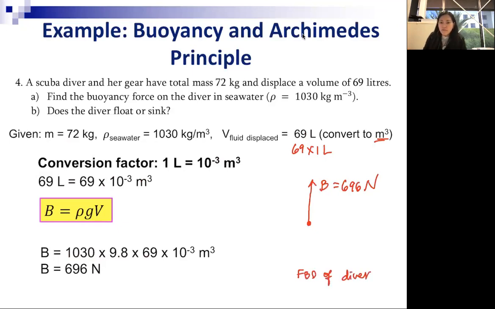Is there a missing force? The diver is being supported by the buoyancy force from the liquid, and of course, the diver has a mass. Correct, that's right, Nikita. The diver would also have a weight force that's always downwards.